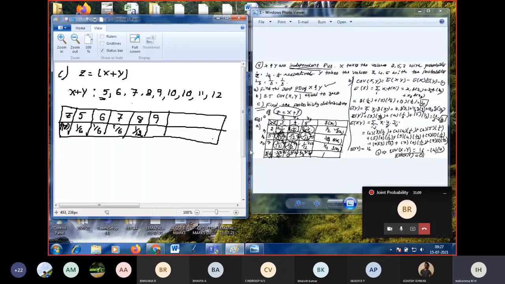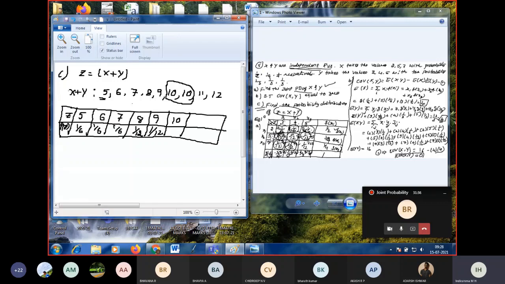We got 9 when x is 5, y is 4. The probability is 1 by 12. Next come to 10. Don't take 10 and 10; we should take only one 10. But I got two 10 values. What should we do? We have to add both the probabilities.